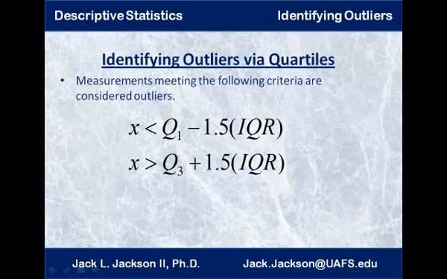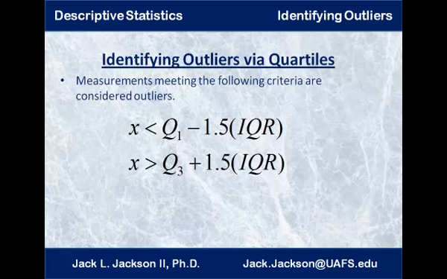We can also figure out our outliers via the quartiles. If you have a box and whiskers plot, for example, you can figure out an outlier based on that. So here's the idea. If you're way small, how small? Well, 1.5 times the interquartile range below the first quartile or lower quartile.